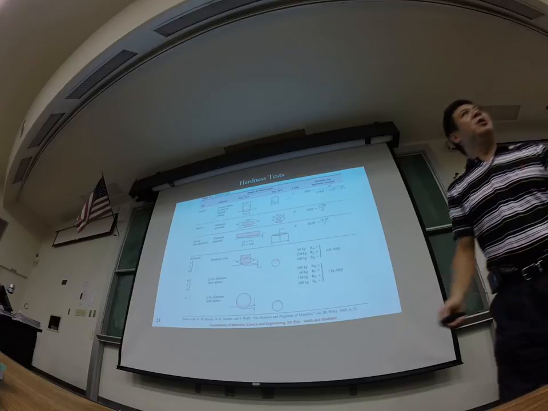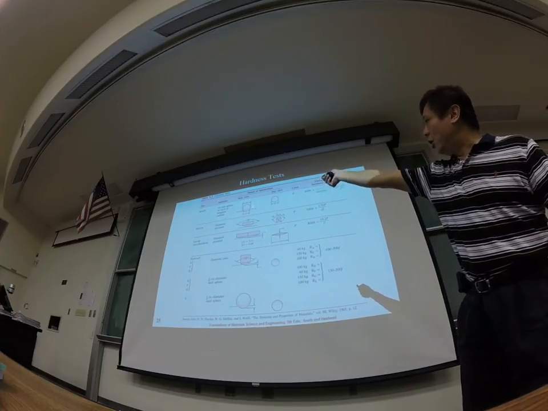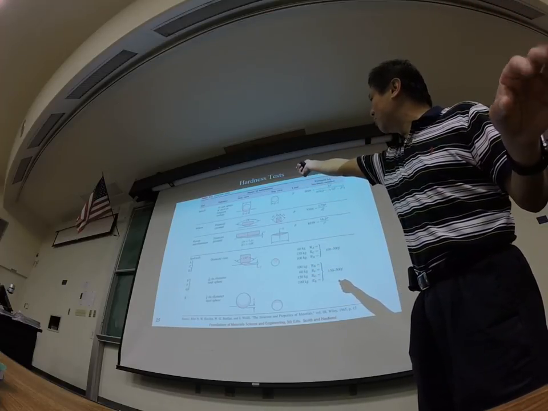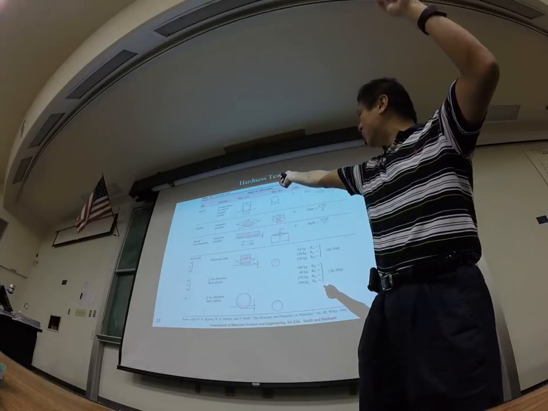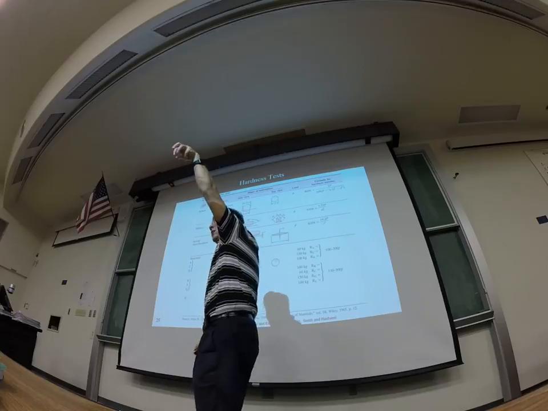And then by considering the different shape of the indenter, the widely used one, made of stainless steel or tungsten carbide, uses a spherical shape, okay, using a sphere as an indenter.